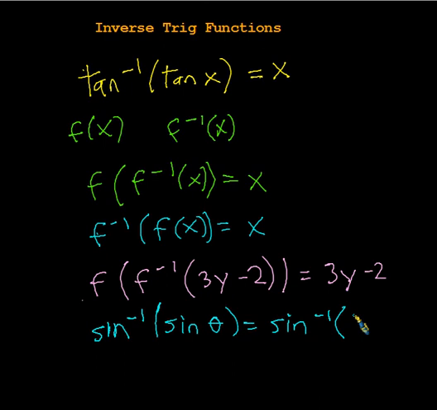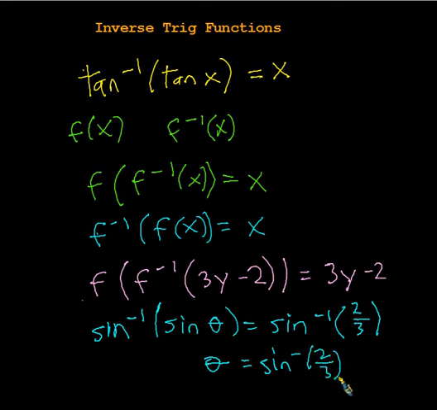We'll say that we were given that the opposite side was 2 and the hypotenuse was 3. That's when we end up with theta equals inverse sine of negative 2 over 3.